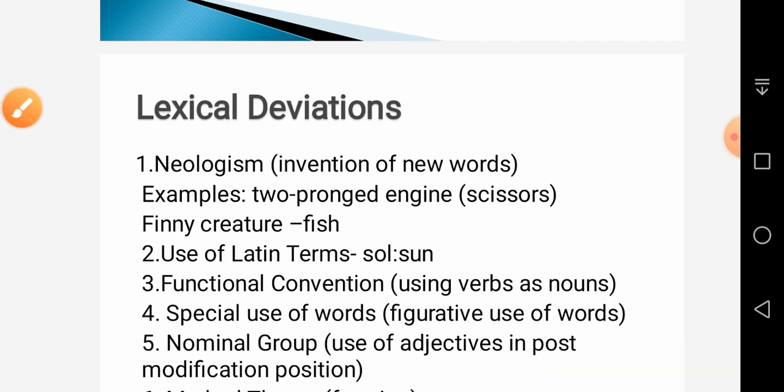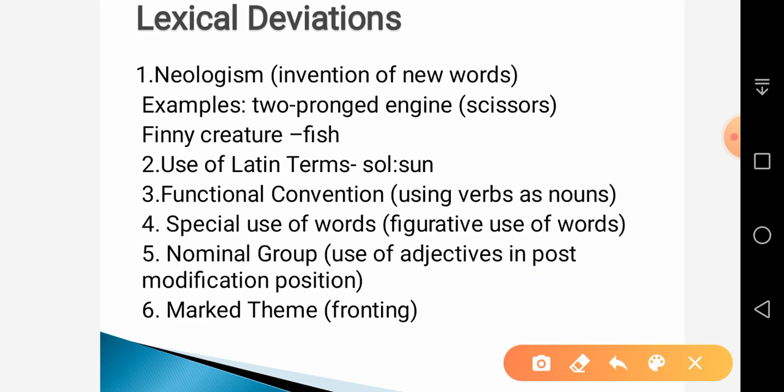Then special use of words, like figurative use of words. All the figures of speech, particularly similes, metaphors, or long-tailed similes known as Homeric similes. So comparisons and a lot of figures of speech are used by the poets or dramatists.